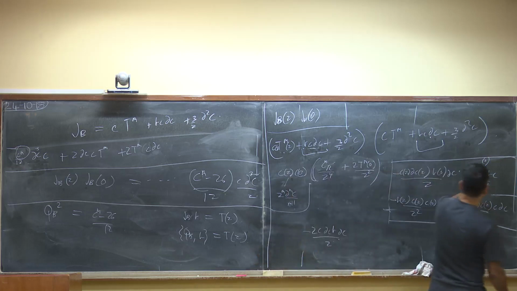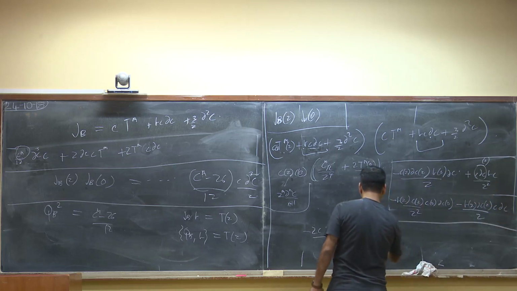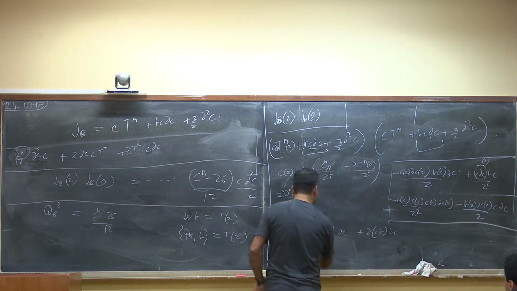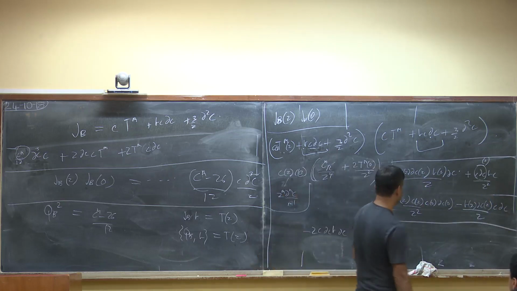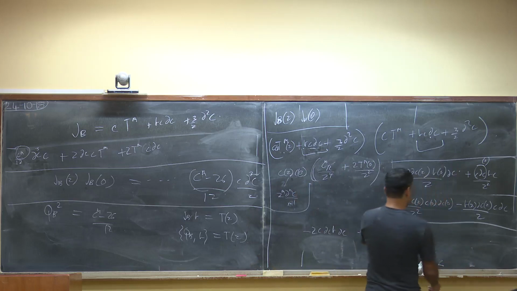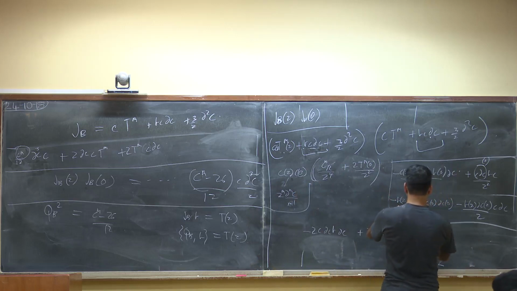And now let's look at the Taylor expansions from here. The first term here, we only want the Taylor expansion. So that's plus del of c del c bc. Okay, everything is just a pole. And this is minus del of bc c del c.